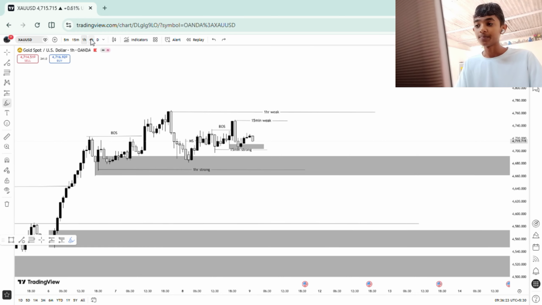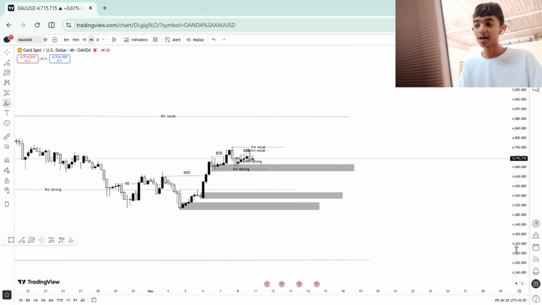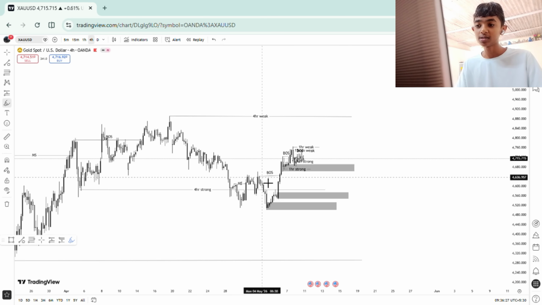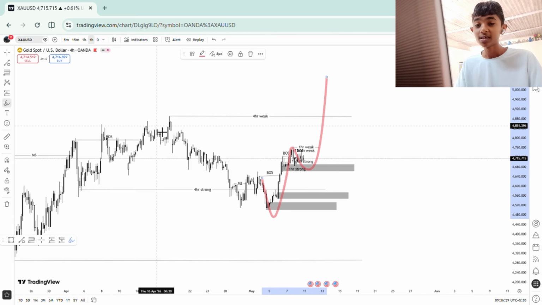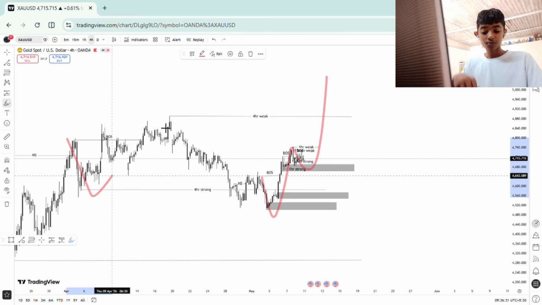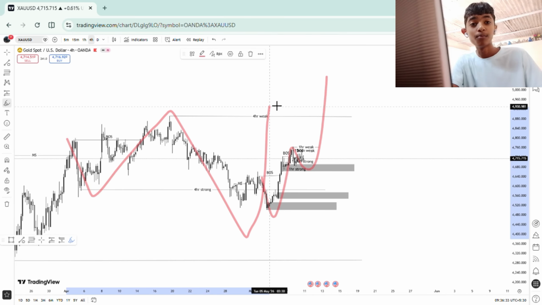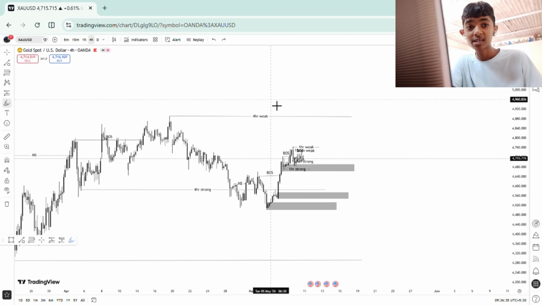See, price is making higher highs, higher lows, higher highs, higher lows. So it means the 4 hour internal range is bullish. Price has to break past this high. So in order to break past this high, price has to go up.